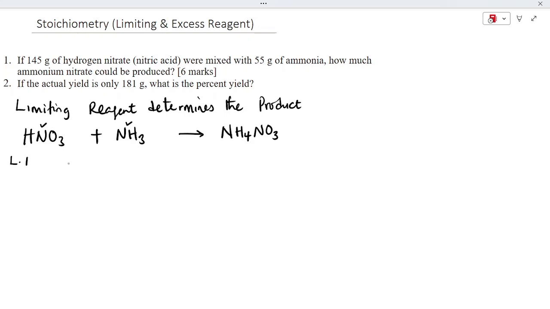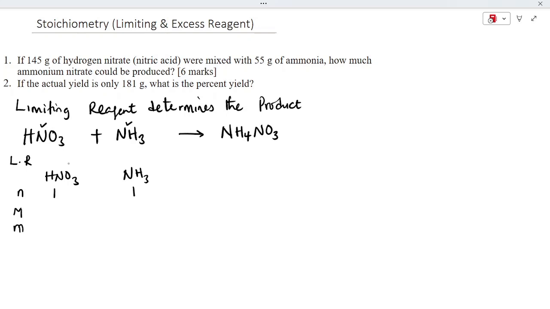So first, we want to determine what the limiting reagent is. That means we are dealing with both reactants, nitric acid and ammonia. We need the number of moles, the molar mass, and then the mass. From the equation, the mole ratio is 1:1. And for the molar mass, hydrogen is 1, nitrogen is 14, oxygen is 16.